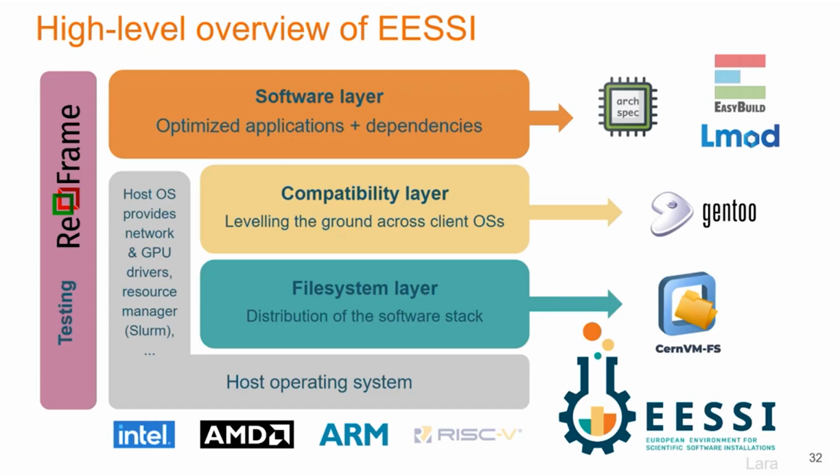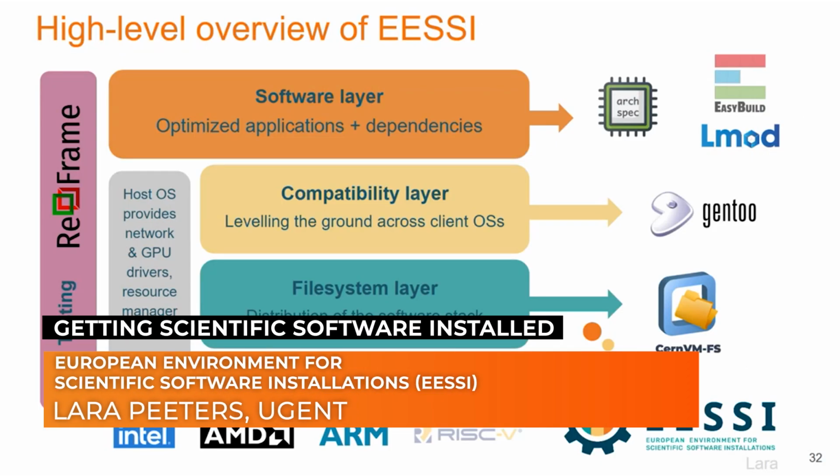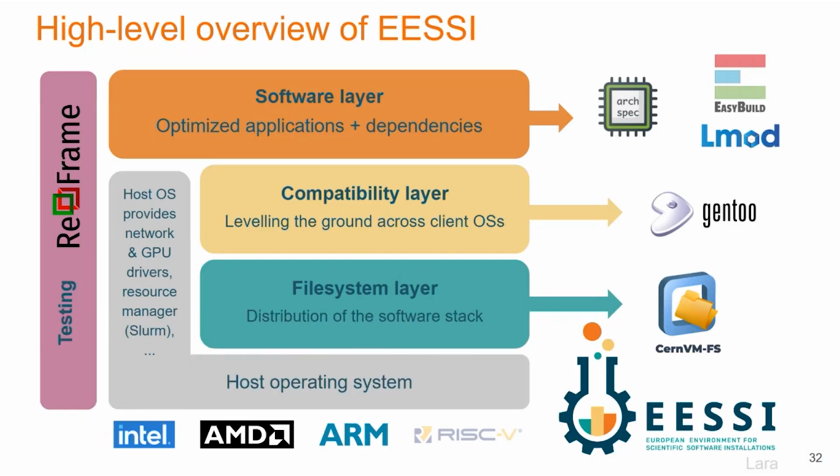So this is a general overview of how EESSI is built. You first have a file system layer, which is installed through CernVM-FS, and that's also the only tool you need to install to have EESSI available.